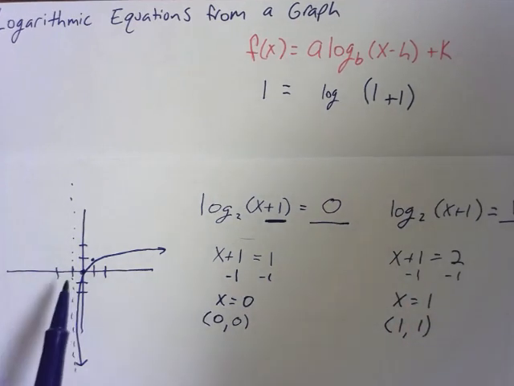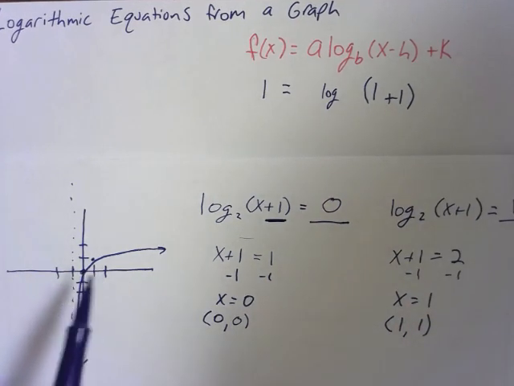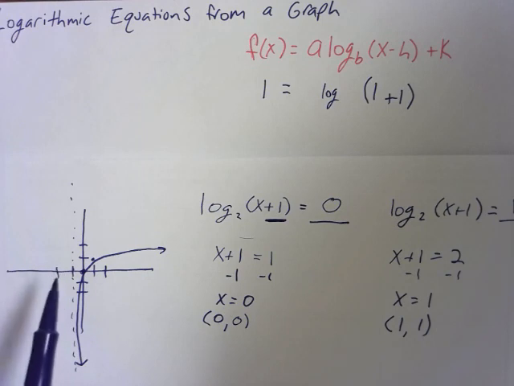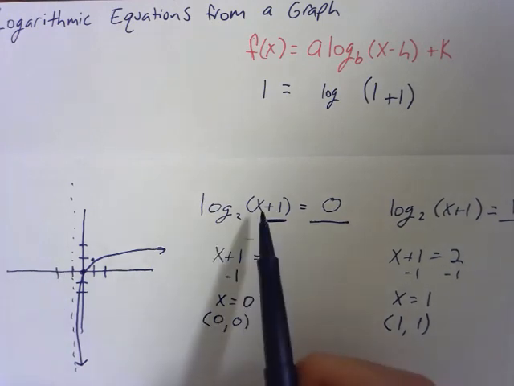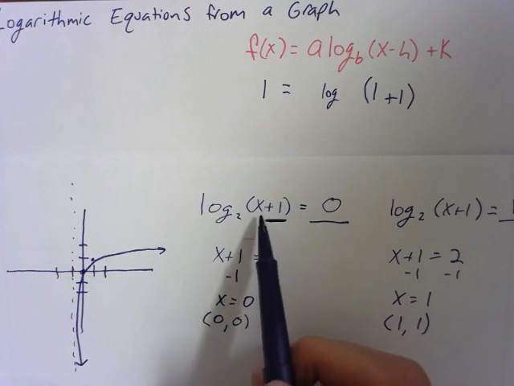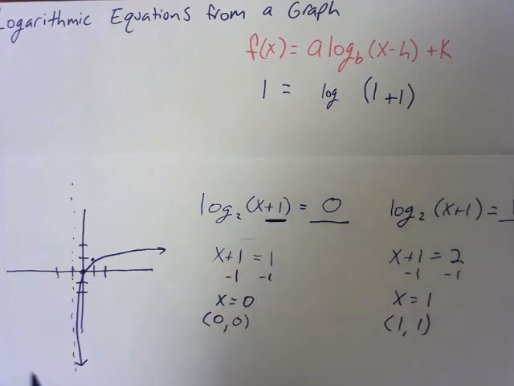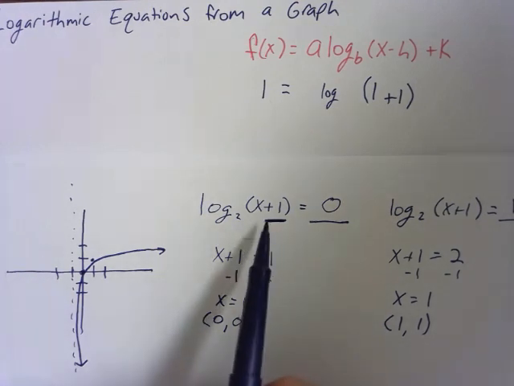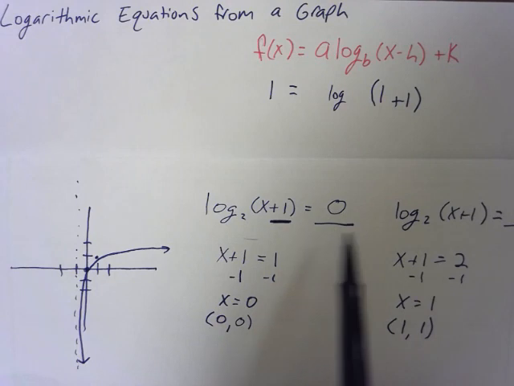So I will always have a point, either one to the right or one to the left of my vertical asymptote, because I'm going from either a -1, which makes that 0, to either a -2, which would take me to the left, which isn't the case here, or a 0, which would take me 1 to the right and make my log 0.